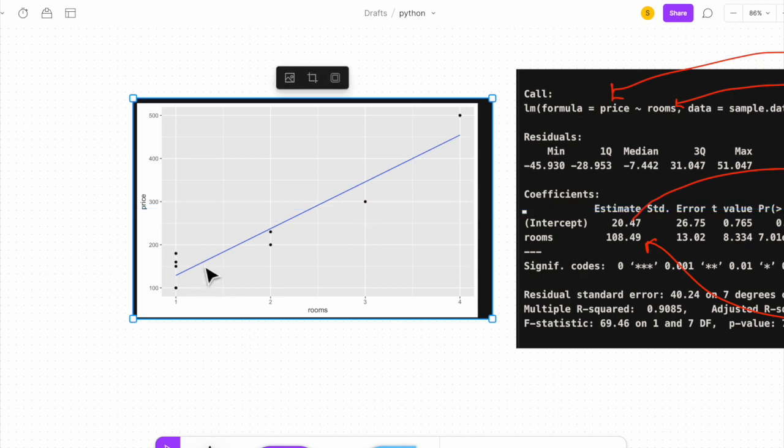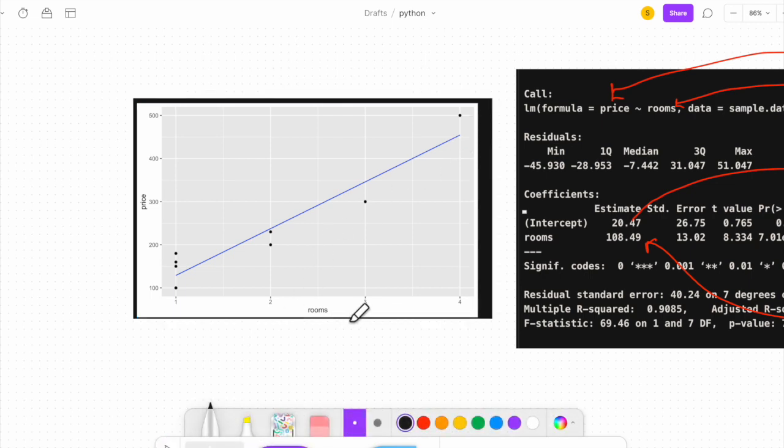This is the straight line which our linear model has given. Basically, on x-axis we are using number of rooms, and on y-axis as usual the price has been represented, and this straight line is nothing but the output of our linear regression.